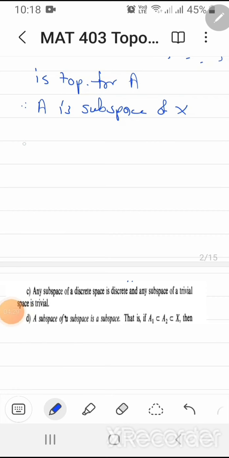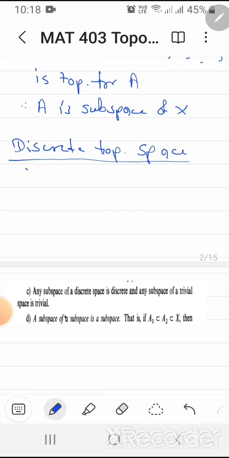Now we know the discrete topological space: for any non-empty set X, if tau is equal to the power set of X, then this tau is called the discrete topology and X is called a discrete topological space. And again we know the definition of trivial topological space.